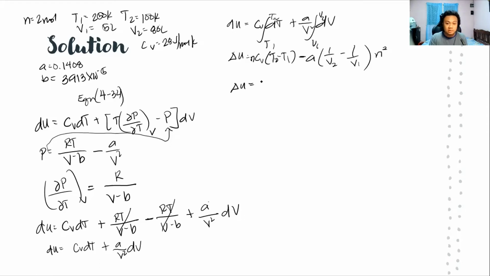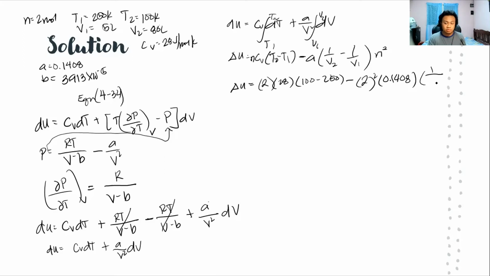Okay, so you will have to substitute now. We have 2 moles, and then we have 28, and then we have 100 minus 250, minus 2 squared times 0.1408, and then convert the volumes from liters to cubic meters.